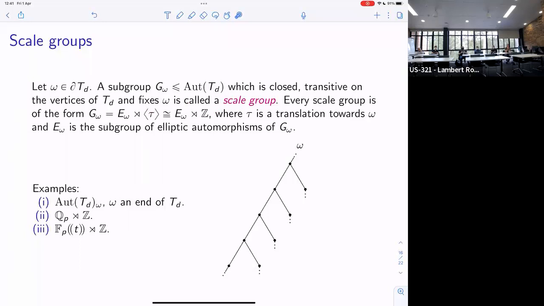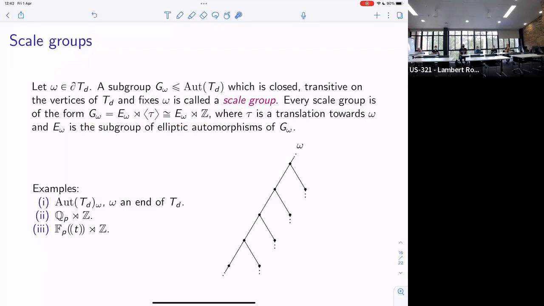I won't say too much about the structure of star groups in general, but for instance, every star group is a semidirect product of the subgroup of elliptic automorphisms in our star group, and a subgroup generated by a translation that shifts the tree towards our end omega.